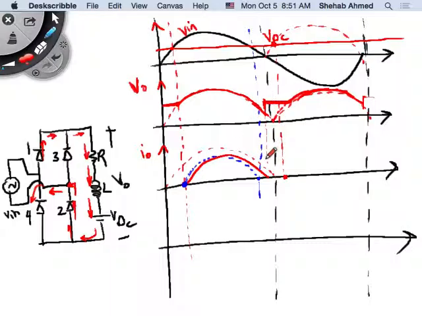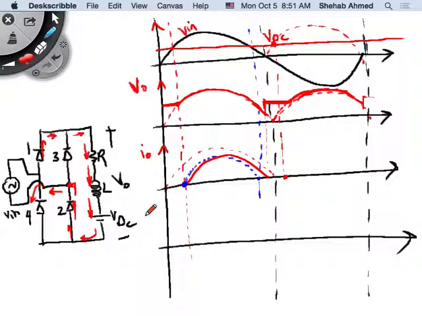Okay, now you can complicate it a little bit, right? If my value of L is large, or if my value of the DC source is low, they're very similar. If the value of the DC source is high, what is it going to do? If I increase the value of my DC source, same RL, what will it do?